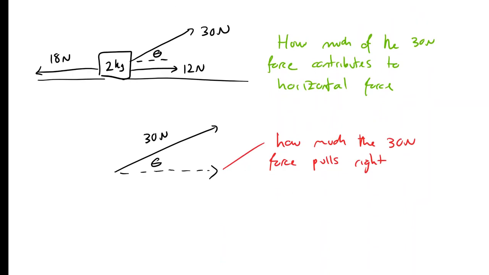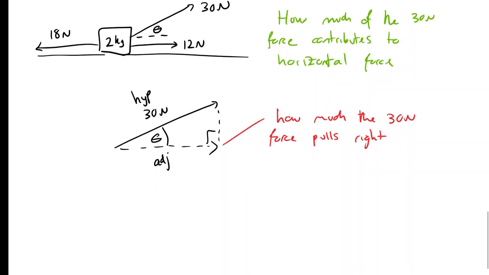And we can use trig to work this out. We're interested in the adjacent there. The force itself is always the hypotenuse. We know we've got a right angle there because we deal with a horizontal and a vertical component under these circumstances.